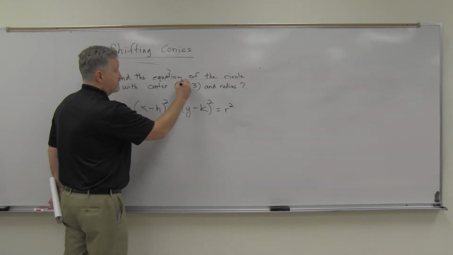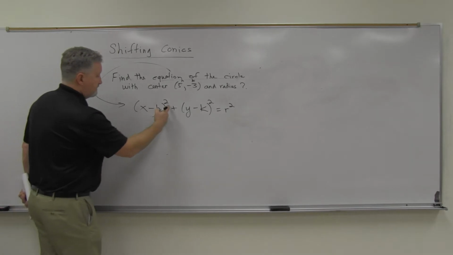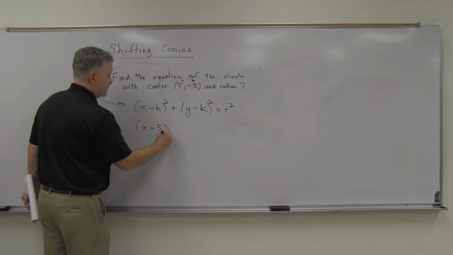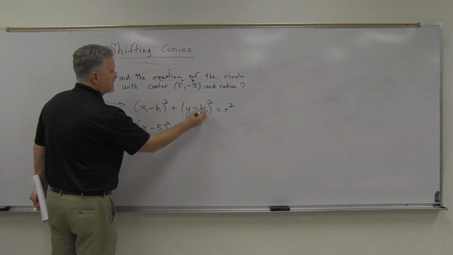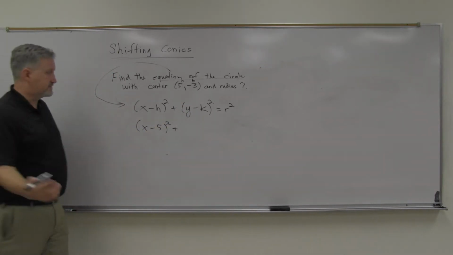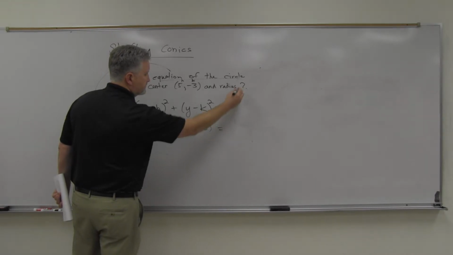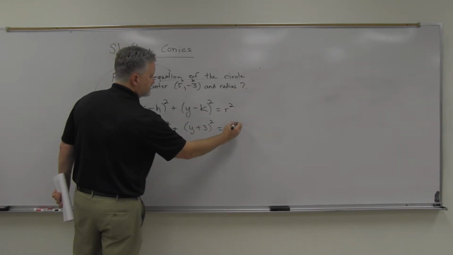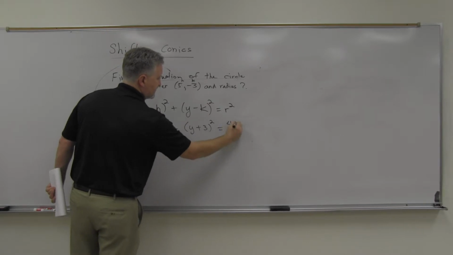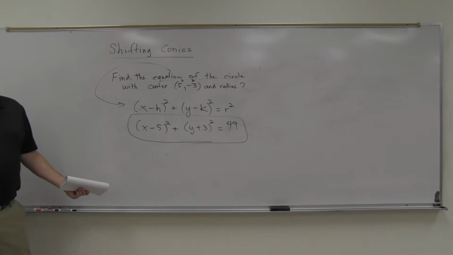So I've got (x minus 5) squared, plus (y minus k), so k is -3, that'd be y minus -3, which is y plus 3, squared equals r squared, 7 squared, which is 49. So finding the equation of a circle is really easy.